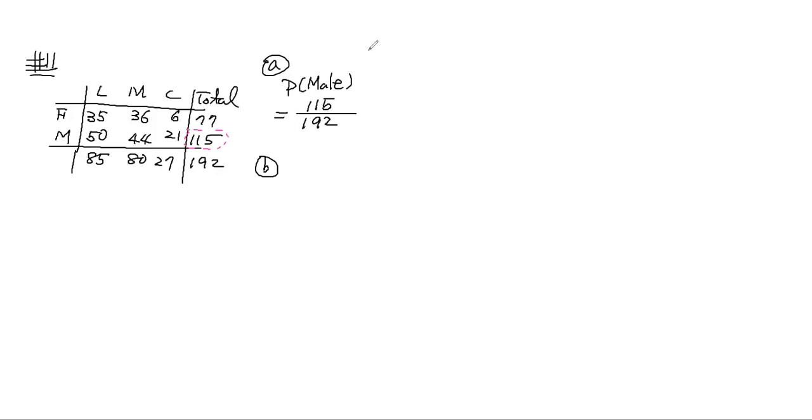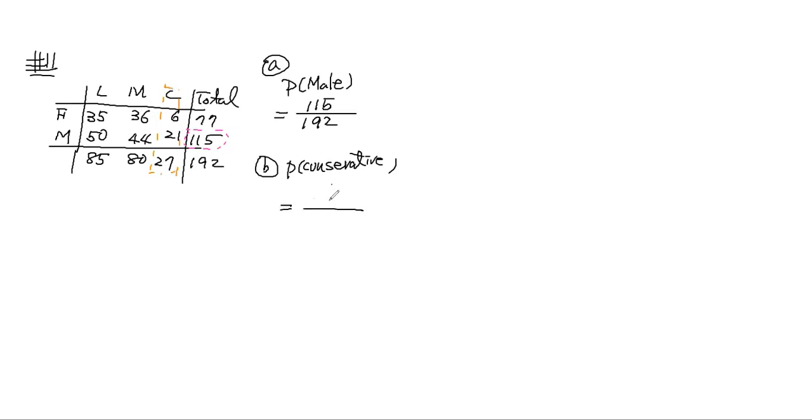Okay, so then part B is here. They ask you, what percent of the students consider themselves conservative? So the conservative is which column here? This column is all conservative. So what is the total conservative?